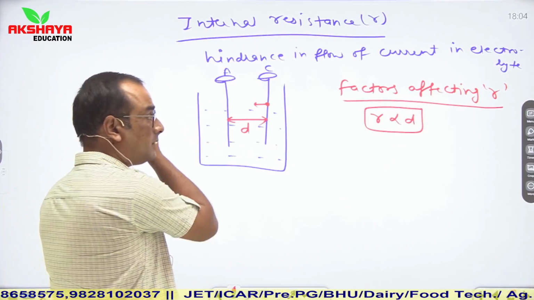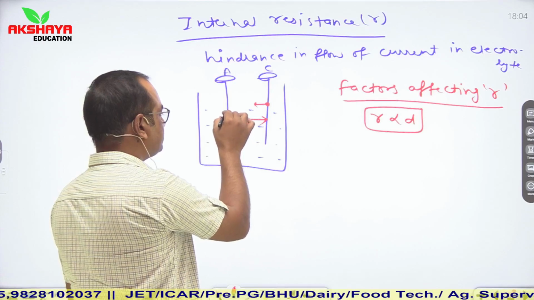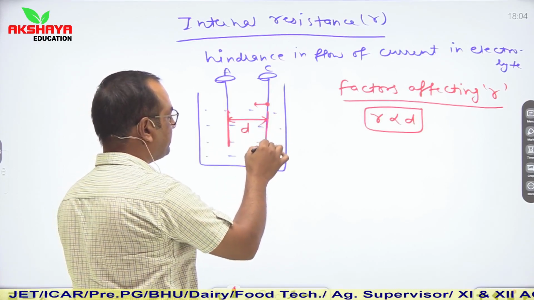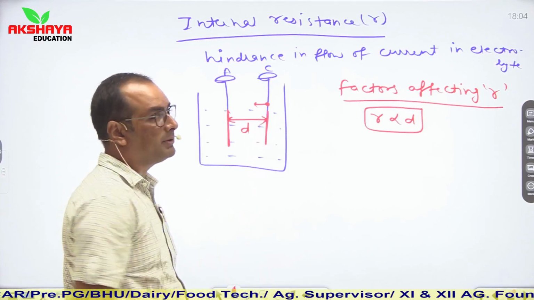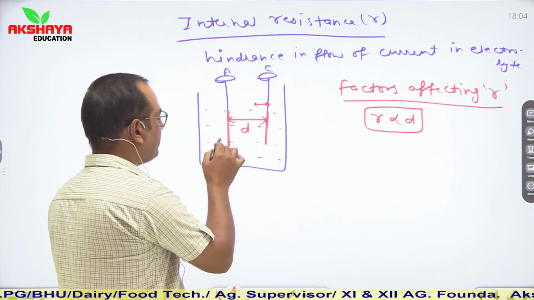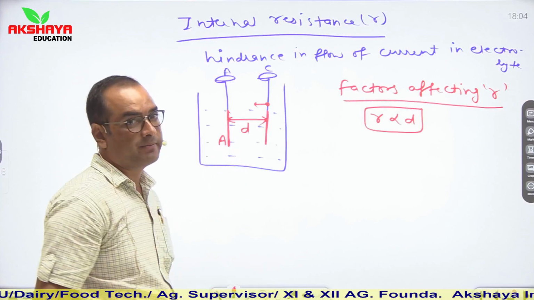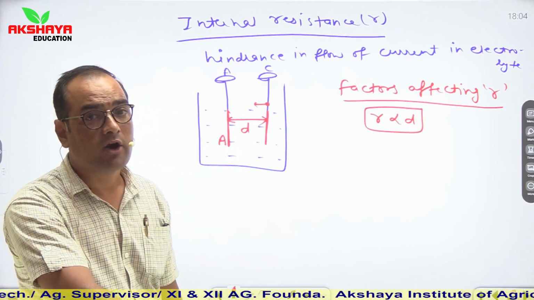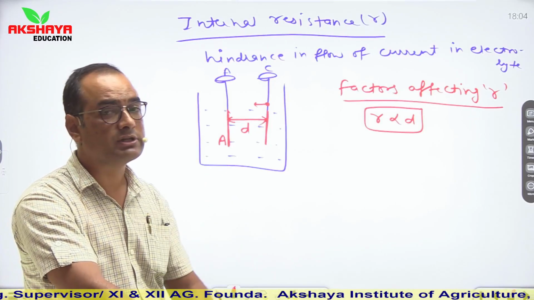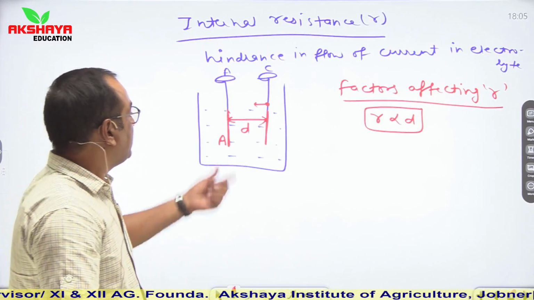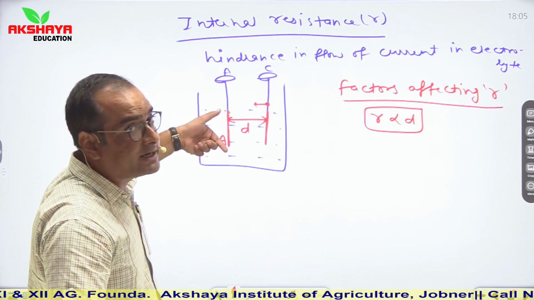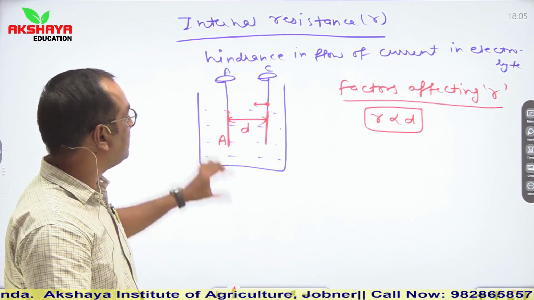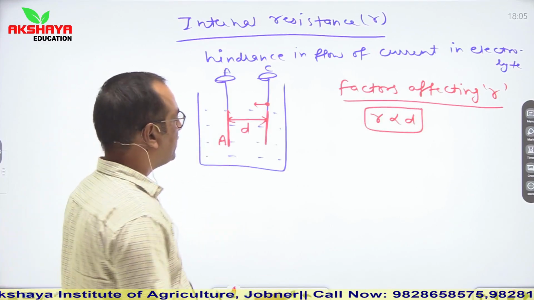Then, area of electrodes dipped in electrolyte. Let us say area of electrodes dipped in electrolyte is A. If a large area of these electrodes is dipped into this electrolyte, then this area has a tendency to capture this charge at a very speedy pace.